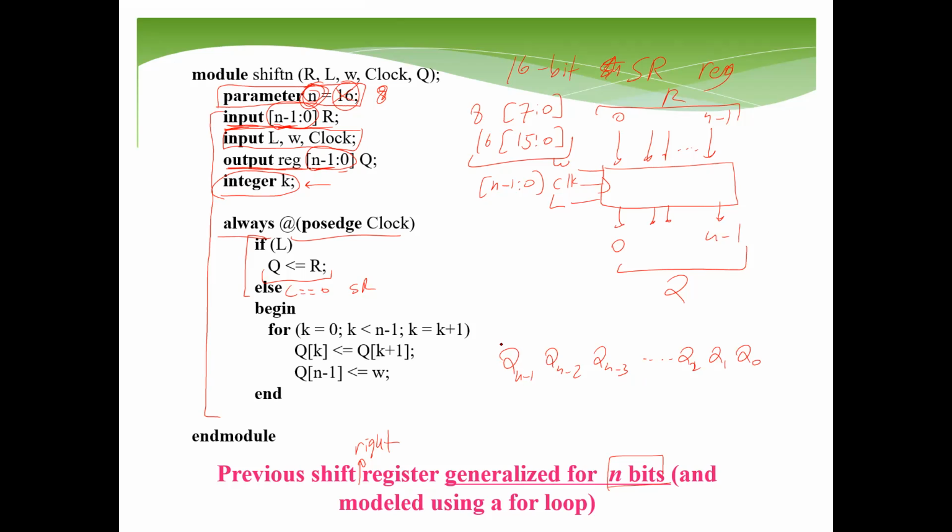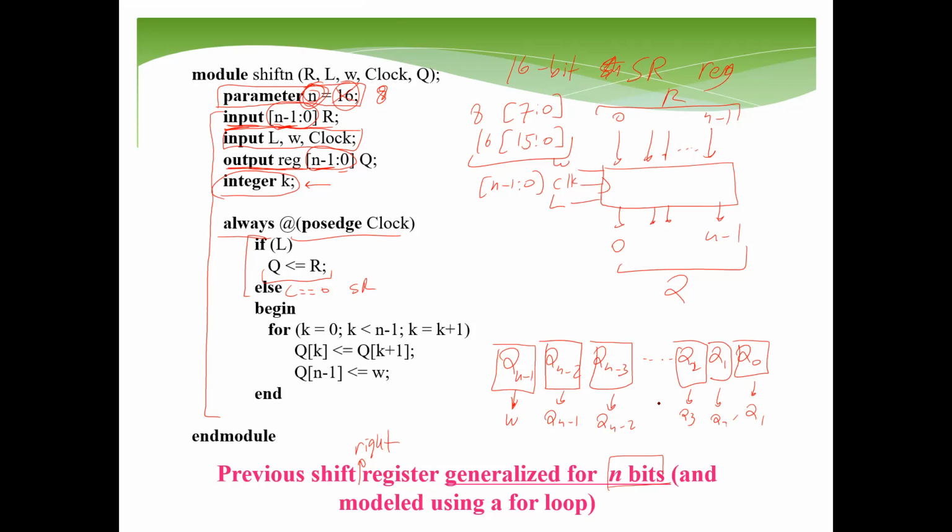When you shift right, Q of n minus 1 will take on the value of W, which is the serial input. Q of n minus 2 is reading Q of n minus 1. Q of n minus 3 is reading Q of n minus 2. Up until you reach here, Q2 is reading Q3, Q1 is reading Q2, and then Q0 is reading Q1.